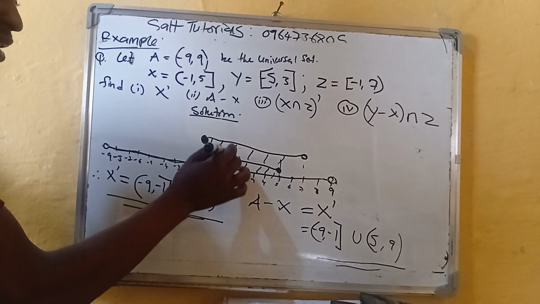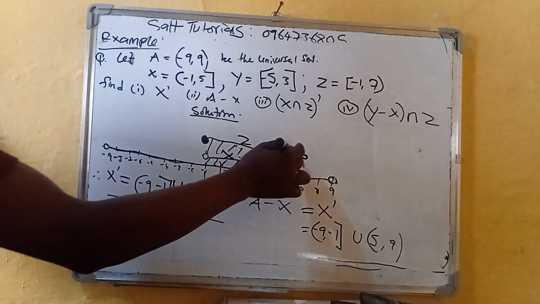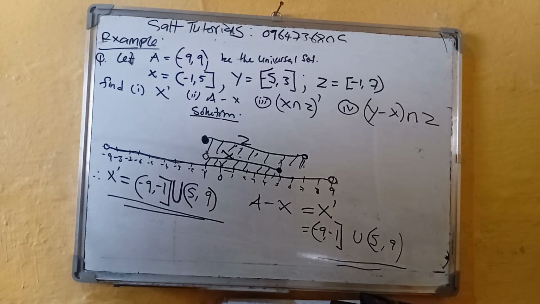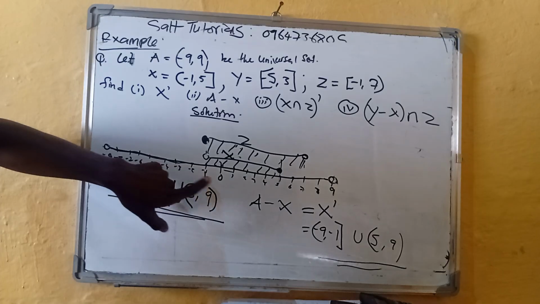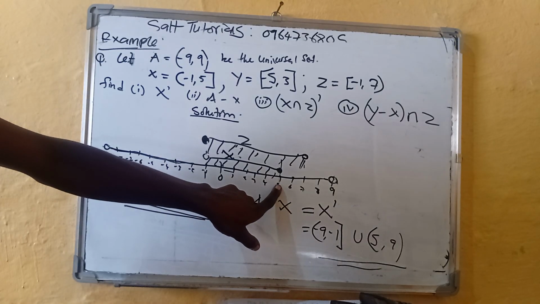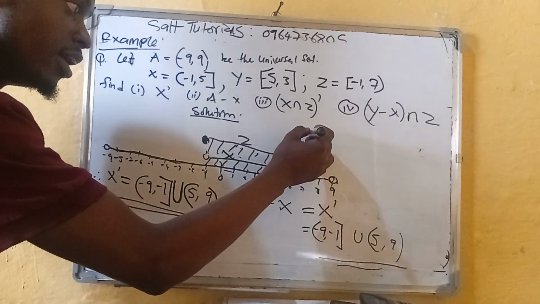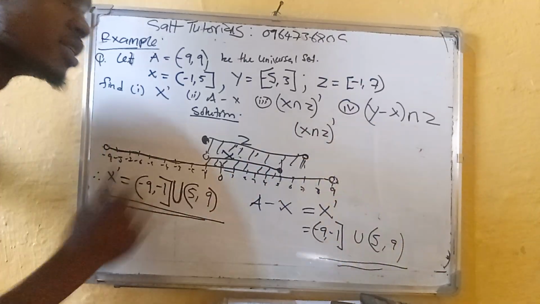So if this is X and this is Z, where am I having the intersection? The intersection between Z and X is basically this Cartesian arc. From -1 to 5, that's where Z intersection X is. So I'm looking for X intersection Z but complement.